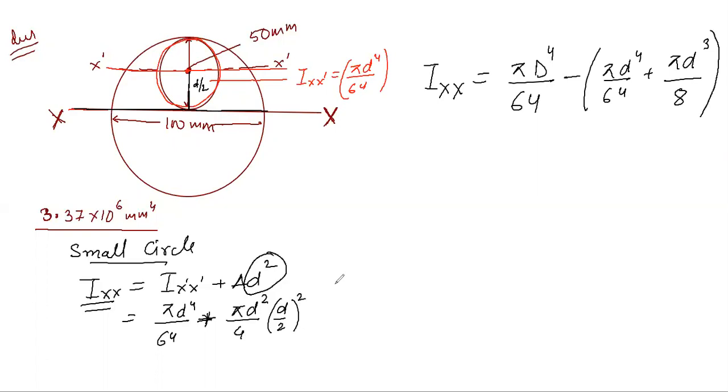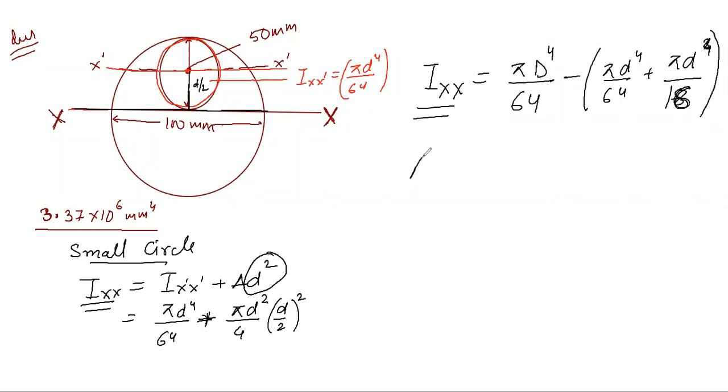So d square, so this will become d to the power 4, right? So this will become pi d to the power 4 and 4 and 4 is 16, yes. So this is the moment of inertia of this diagram about the x-axis.